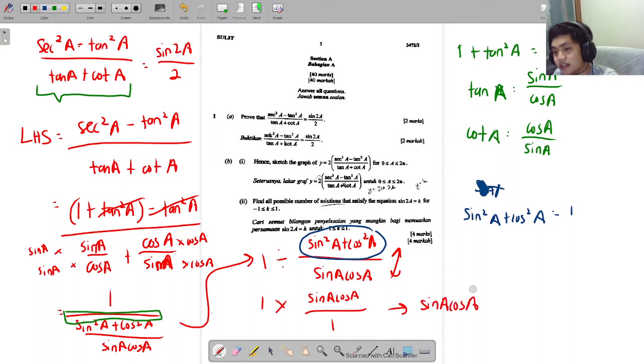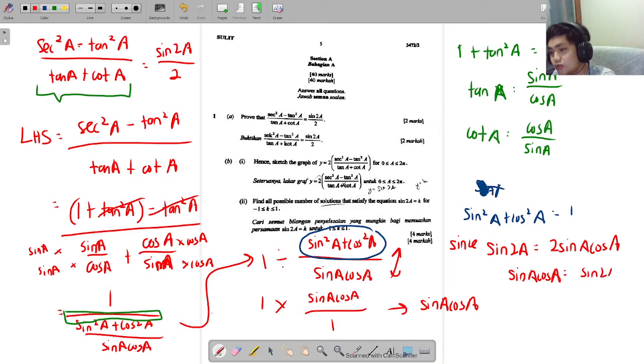Sine a cos a is related to another trigonometric identity where we know that sine 2a equals 2 sine a cos a. So if we make sine a cos a the subject, it would be sine 2a over 2. Therefore, we have proven the identity, and this is equivalent to the right hand side.